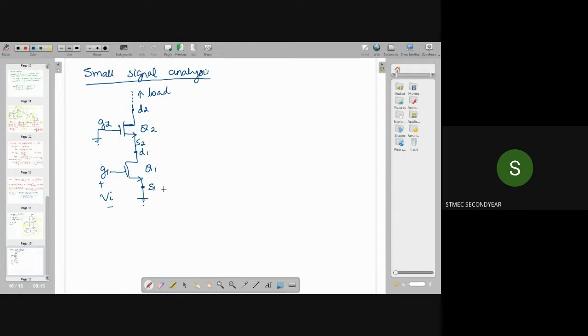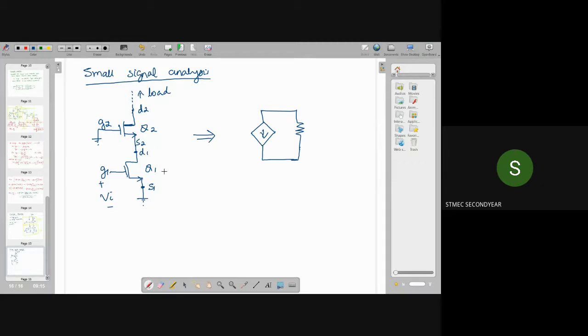So this lower part represents the common source amplifier and the upper part represents the common gate amplifier. Now we are going to obtain an equivalent circuit. For this cascode configuration, normally we consider only the output side, because the input side is biasing, and to determine the gain it is enough to consider the output side.